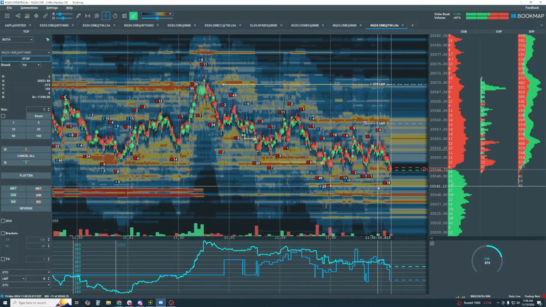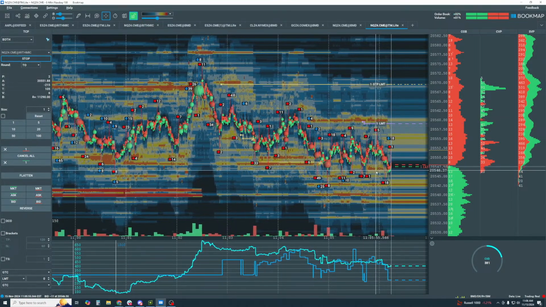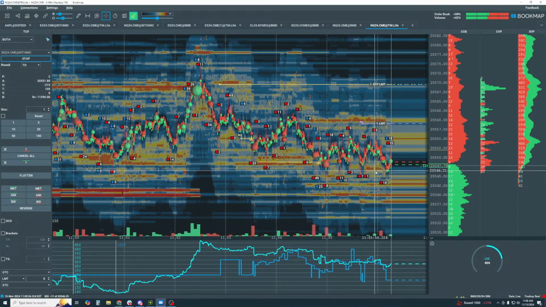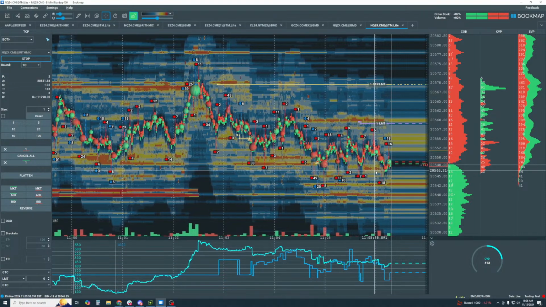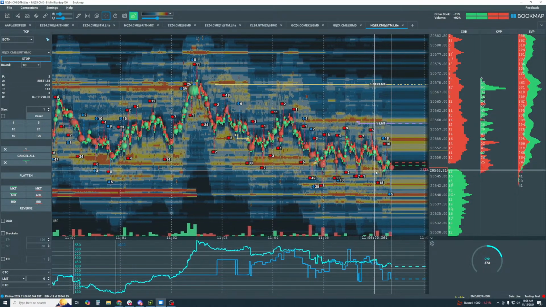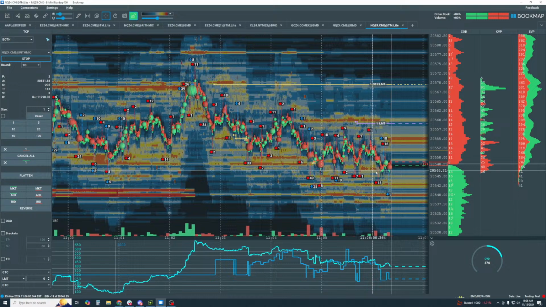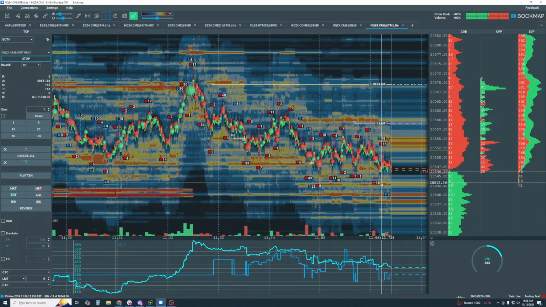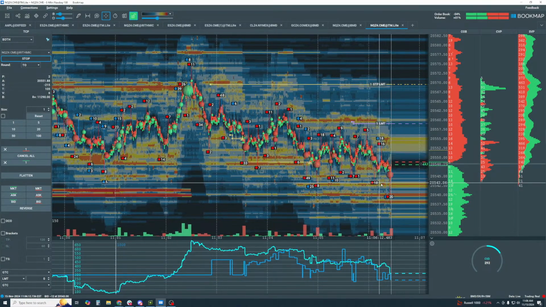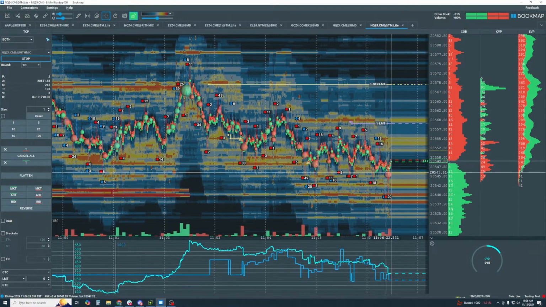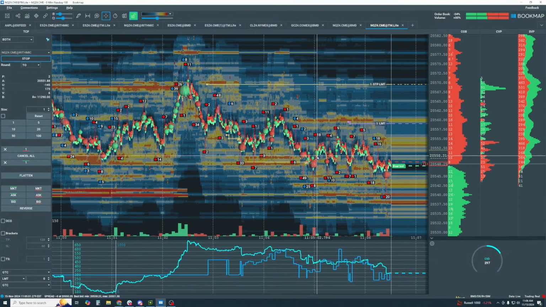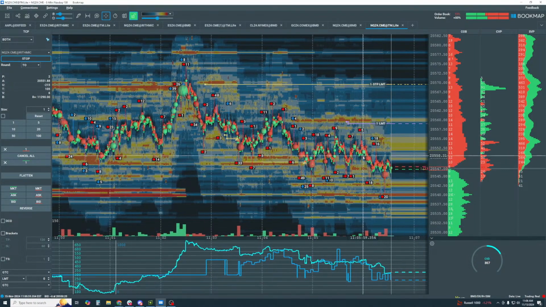Nope. Sellers still dropping price. Okay, below 550 here. Okay, that's not good.